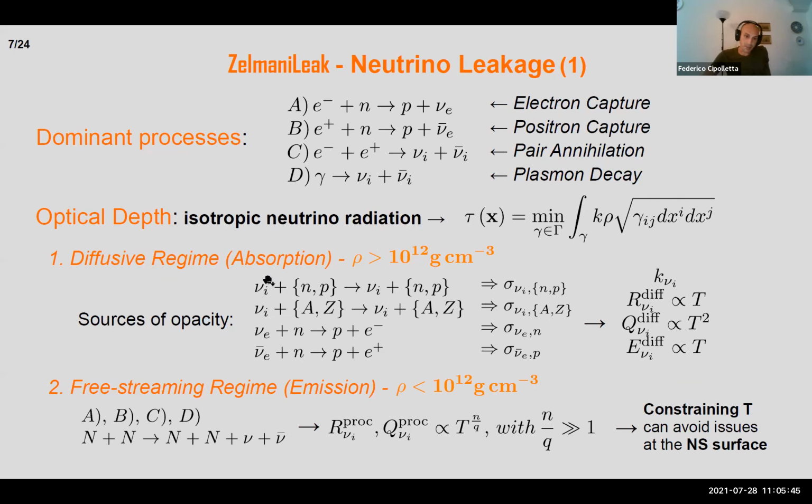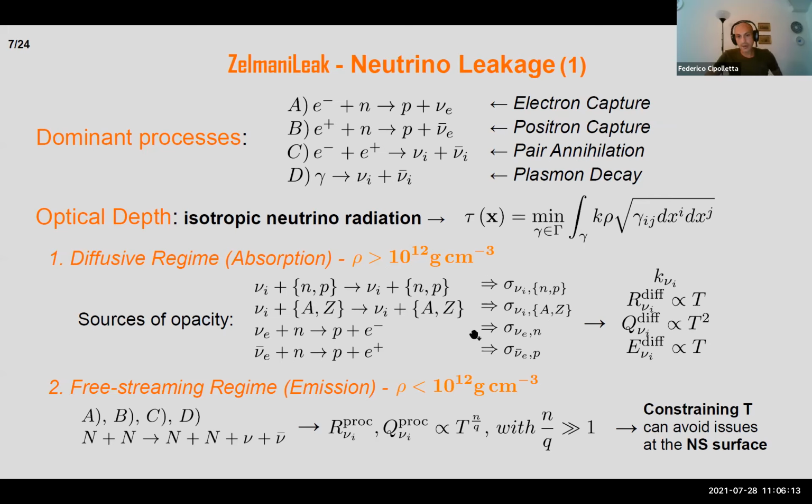One is the absorption regime for high density, density higher than 10 to the 12 gram per centimeter to the -3. And here you have to consider some reactions that are sources of opacity: the scattering of neutrinos on nucleons and on nuclei, and the absorption of neutrinos and antineutrinos.